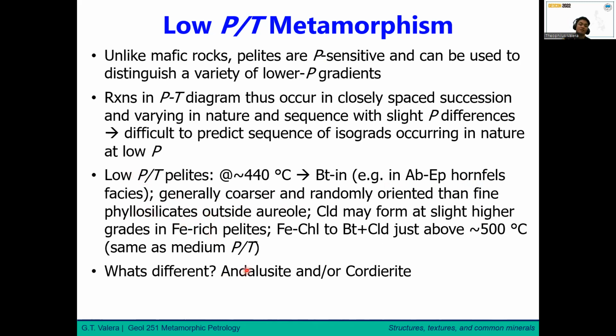And chloritoid may form at slightly higher grades in iron-rich pelites. Iron chlorite to biotite plus chloritoid just above 500 degrees Celsius. So what's different? Andalusite and/or cordierite is present. So andalusite as an aluminosilicate phase and cordierite being more common sa low pressure phases.